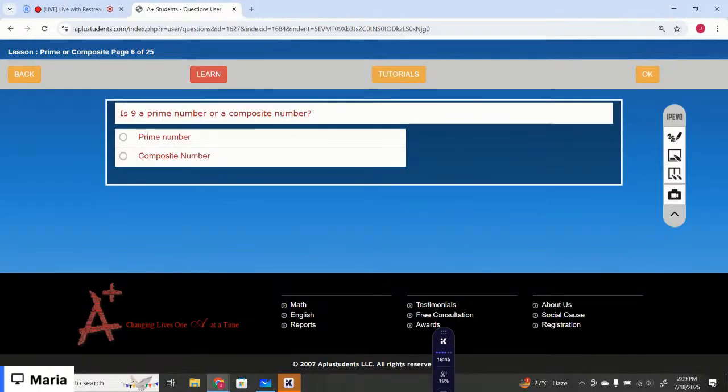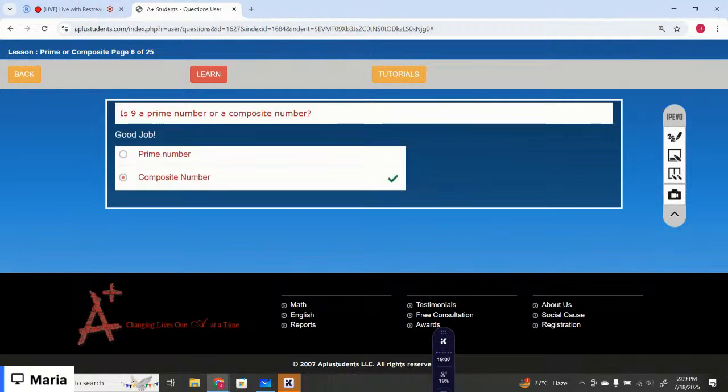Is 9 a prime number or a composite number? 9 is a composite number, not a prime number. Option number 2 is the correct option.